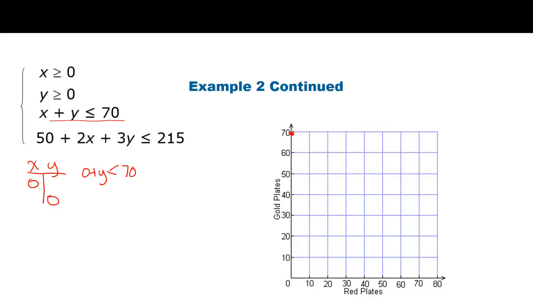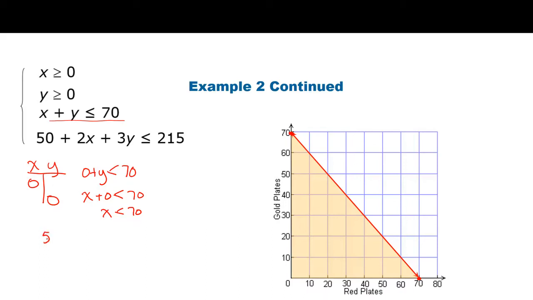And when Y is 0, we can say X plus 0 is less than 70, so X is going to be at 70. Let's plot our X at 70. This is less than or equal to, so we get to use a solid line. And it says it's going to be less than that, so we're going to shade down below.